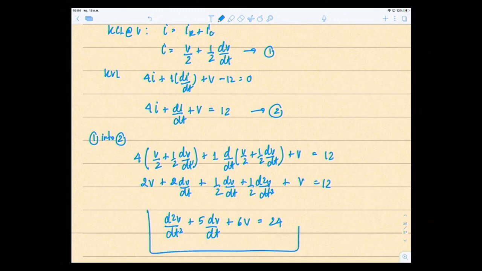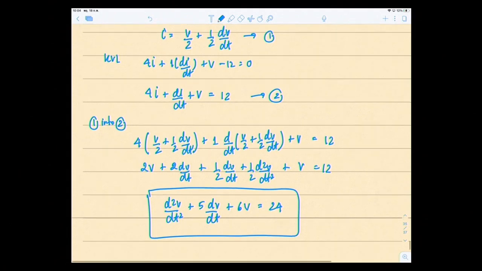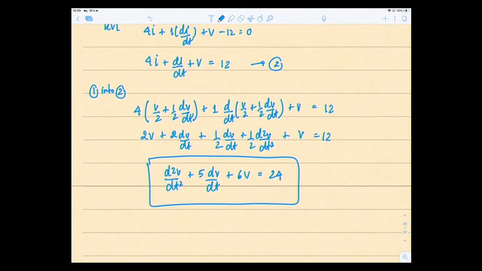So you get this second order differential equation, and then you have to find the natural response Vn.